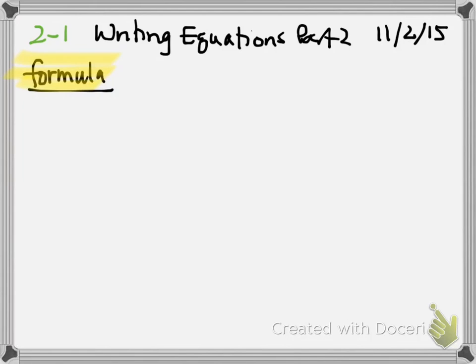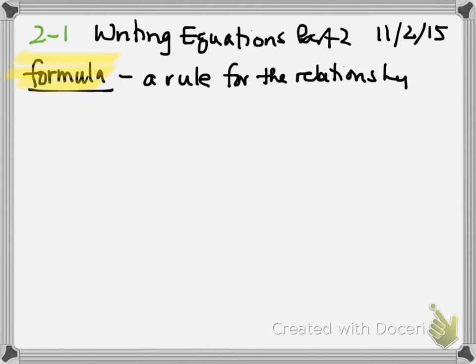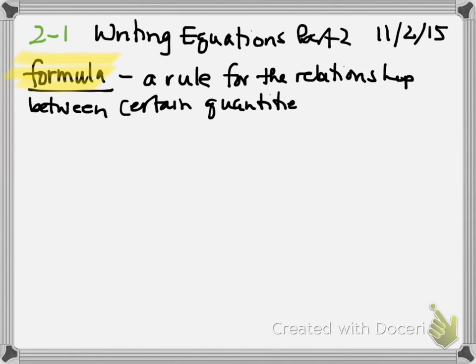So what is a formula? It's basically a rule for the relationship between certain quantities. Don't you love how vague that is? The reason why they can't be more specific is because we have so many different formulas.